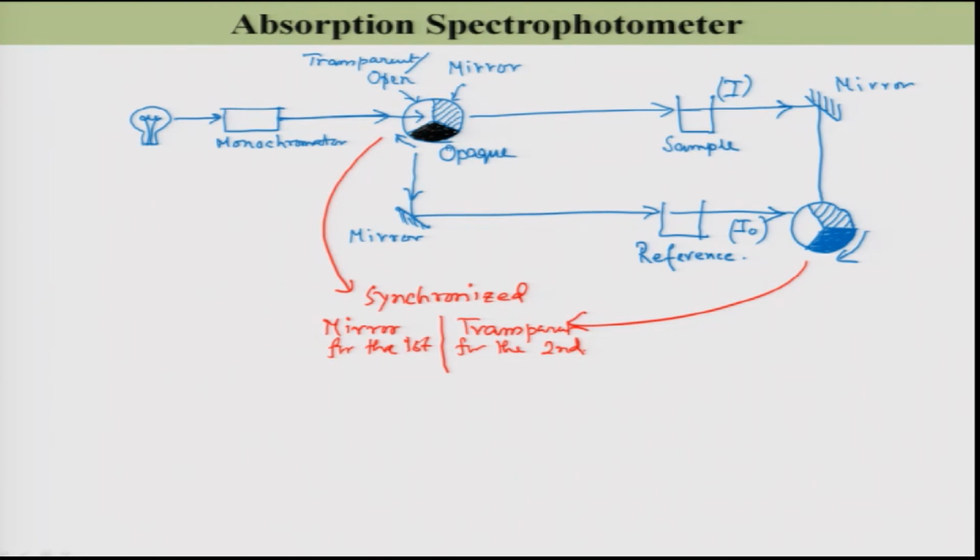That means, when this light is reflected in this direction, right, hope you will follow here, this light will pass through this transparent region, and will be detected by this detector. So, you will be able to measure the intensity.